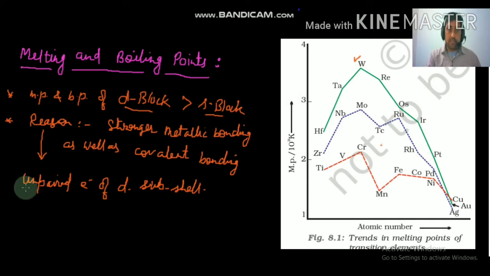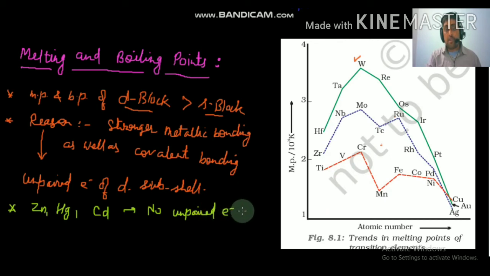Next, if you see zinc, Hg and cadmium, there is no unpaired electron in the d subshells.